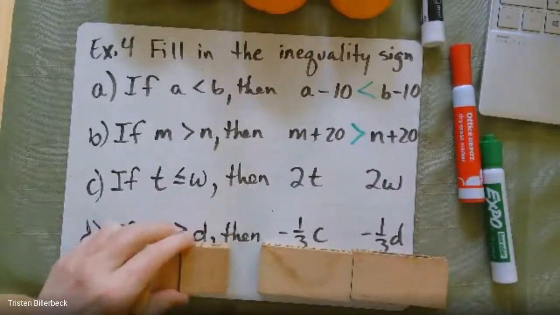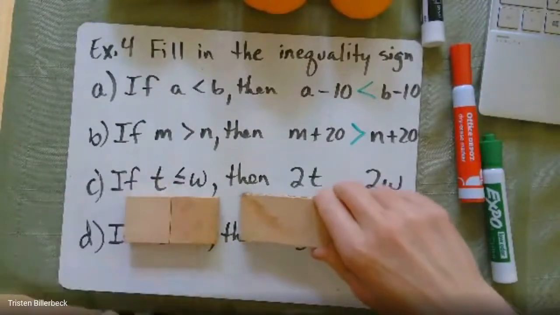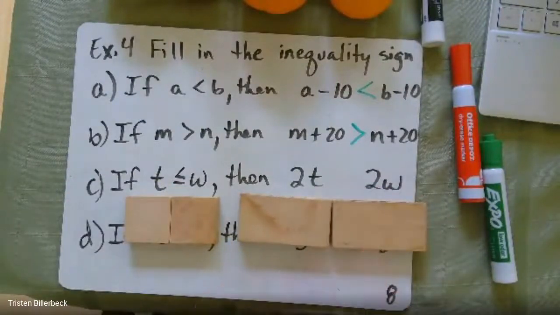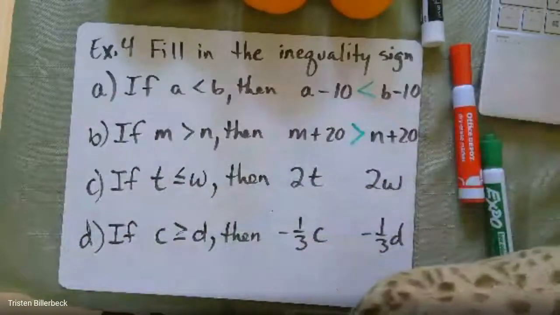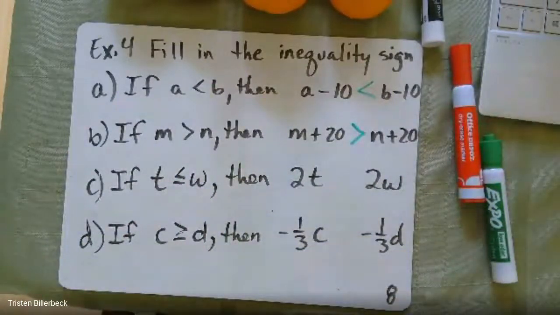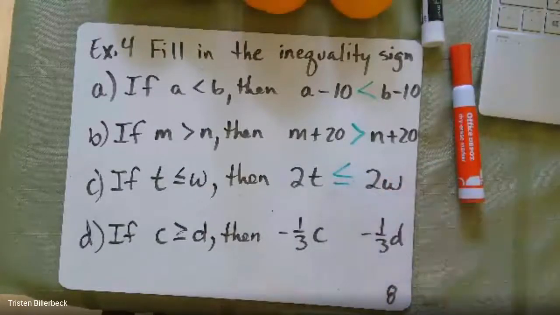So if I multiply this side by 2, and I multiply this side by 2, this is still less than that. There you go. My favorite blocks. Okay, so we're still going to put less than or equal to.